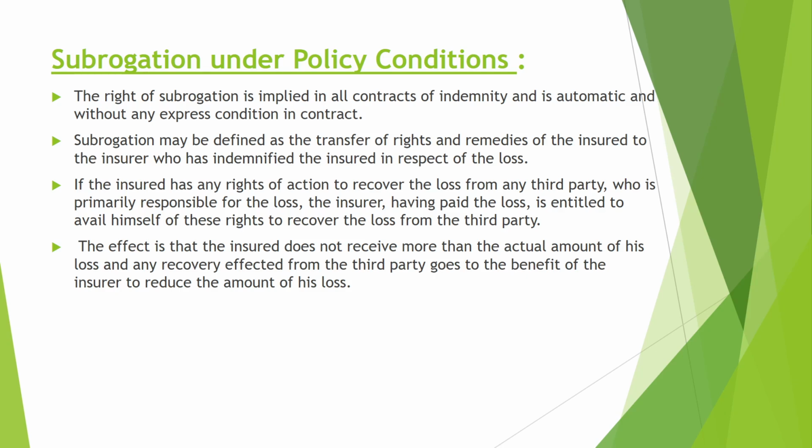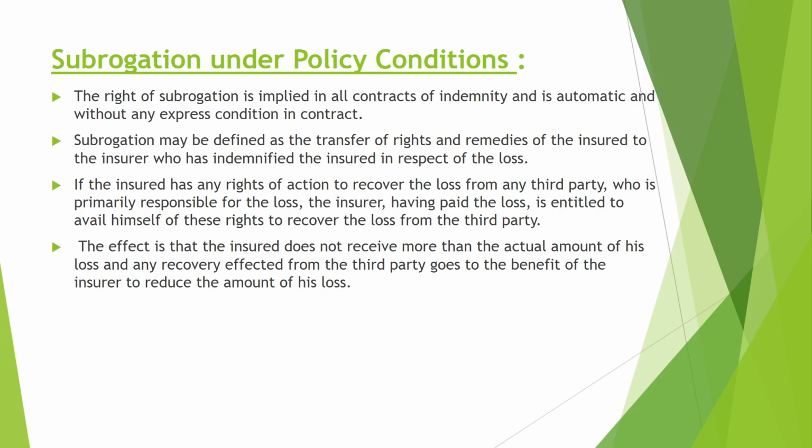Okay, so we will give an example of subrogation in the next slide. Just be with me. The effect is that the insured does not receive more than the actual amount of his loss, and any recovery effected from the third party goes to the benefit of the insured to reduce the amount of his loss.